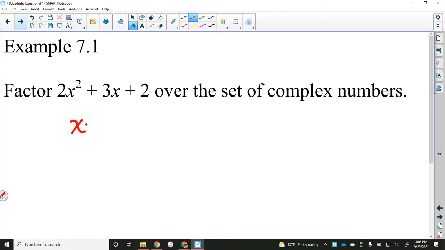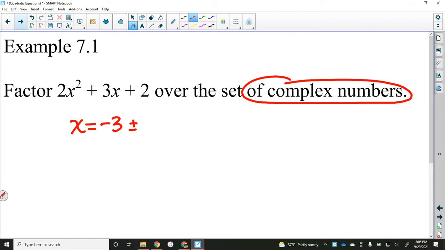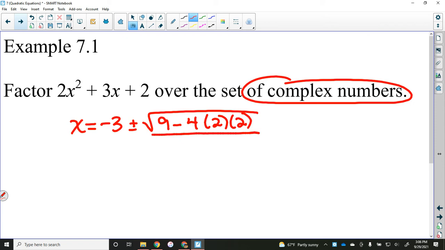What about this one? It already tells you they're going to be complex answers. This right here tells you factoring's not going to work. So, quadratic formula. x equals opposite of b, -3, plus or minus the square root of 9 minus 4 times 2 times 2, all over 2 times 2.